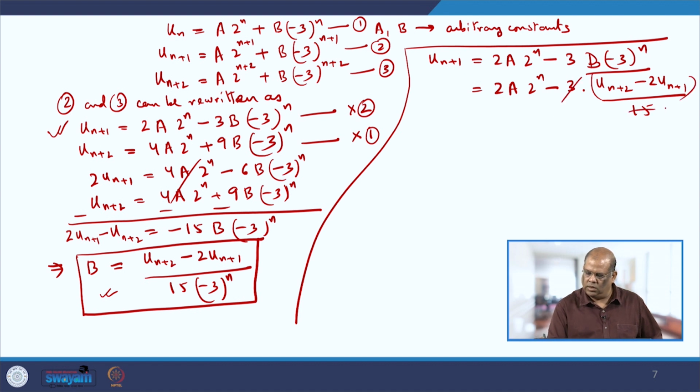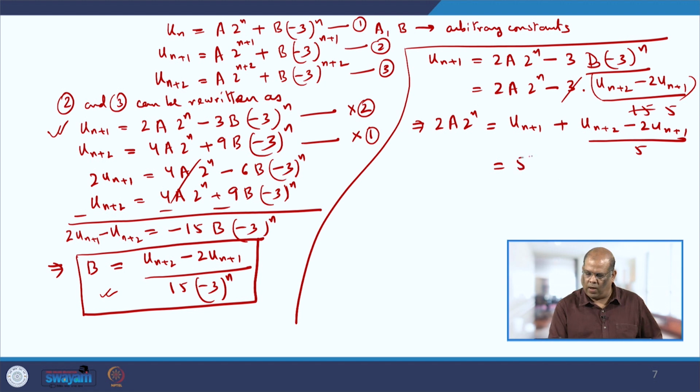So, this and this 5. So, this will give 2a·2^n equal to u_{n+1} + (u_{n+2} − 2u_{n+1}) divided by 5.